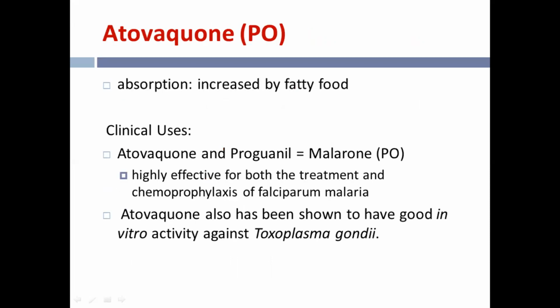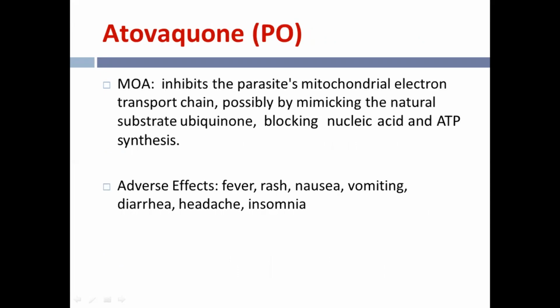Atovaquone, it is combined with proguanil to form Malarone. It is highly effective for the chicken. So the mechanism acts on the electron transport chain, so that it can block nucleic acid and ATP synthesis in the malaria species.